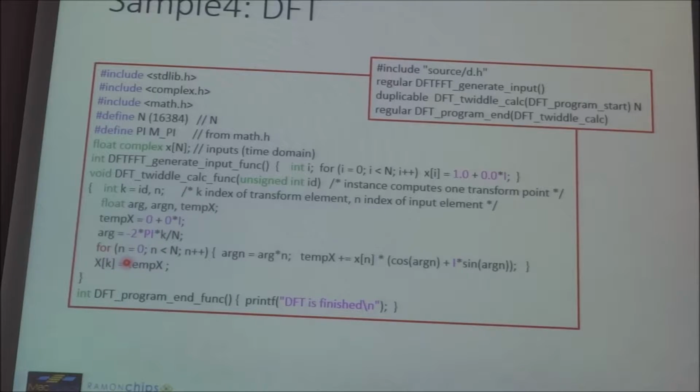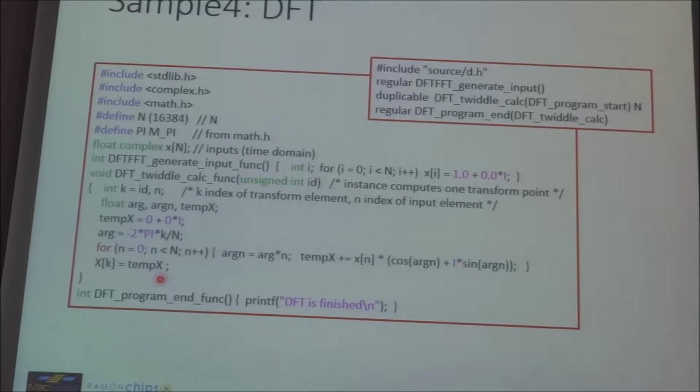And for, this is the loop over n, so Rn is argument times n, and now the temporary sum includes x times the coefficient cosine plus I times sine of the argument. Argument multiplied by n.